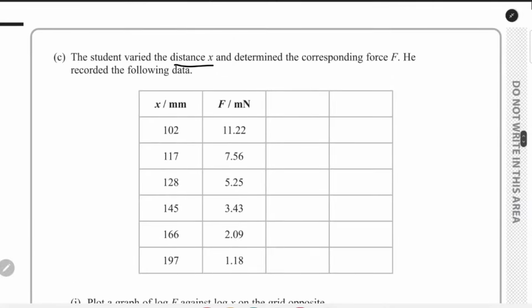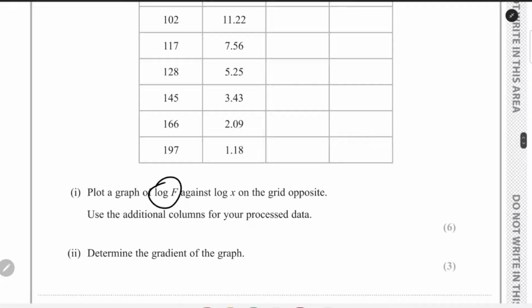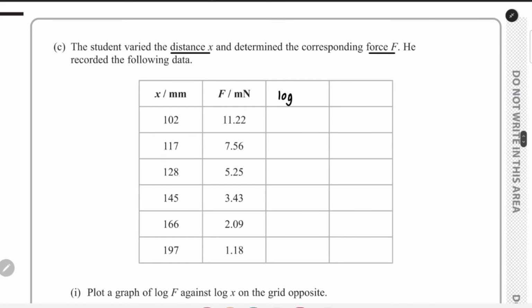Now we are given the values of x, the distance, and the corresponding force F. We have to plot a graph of log F against log x, so we can put our values over here. So this is log F, this is log x.